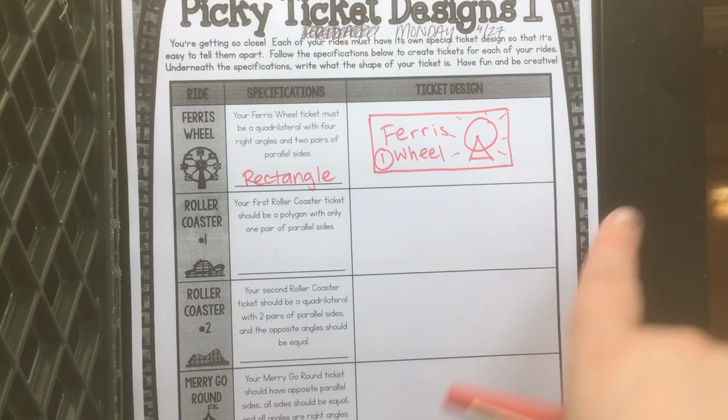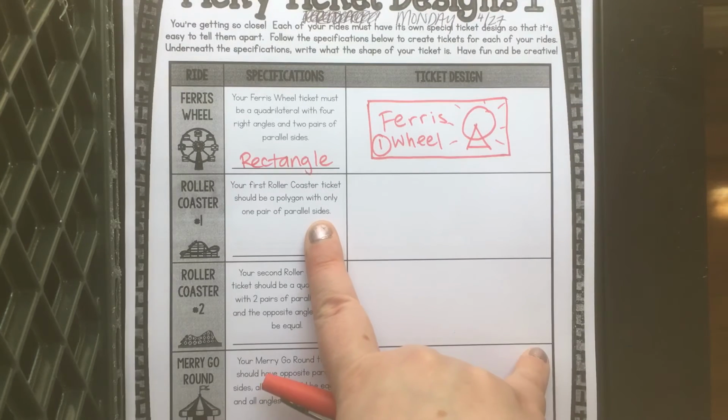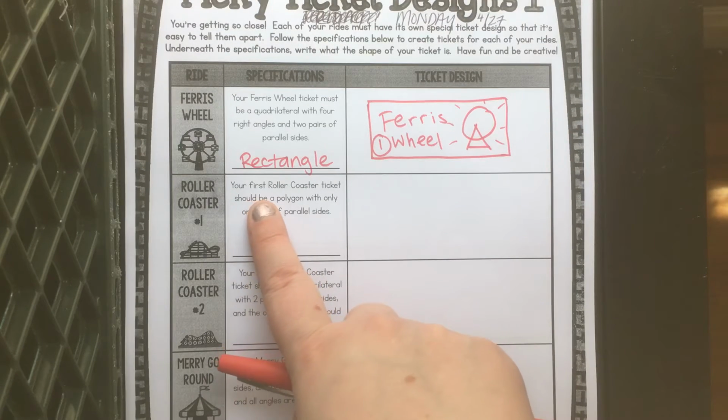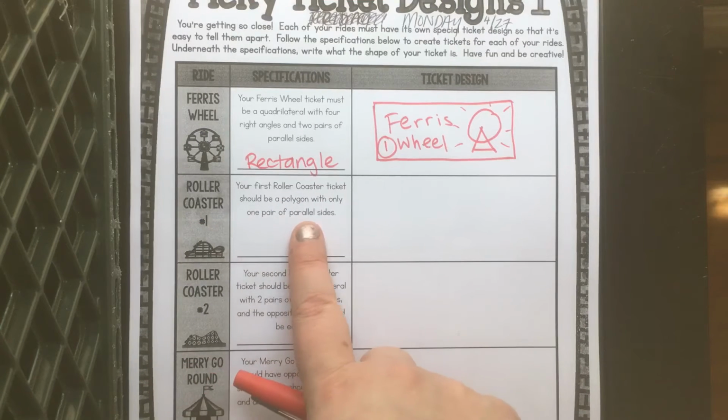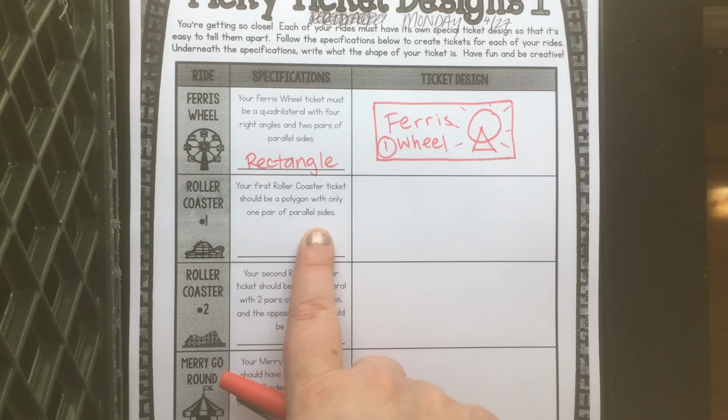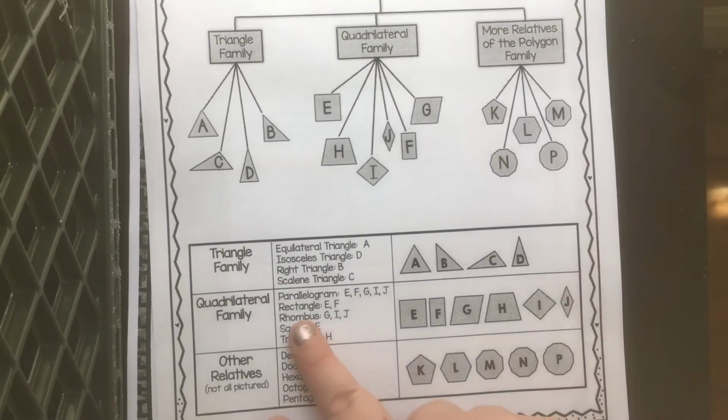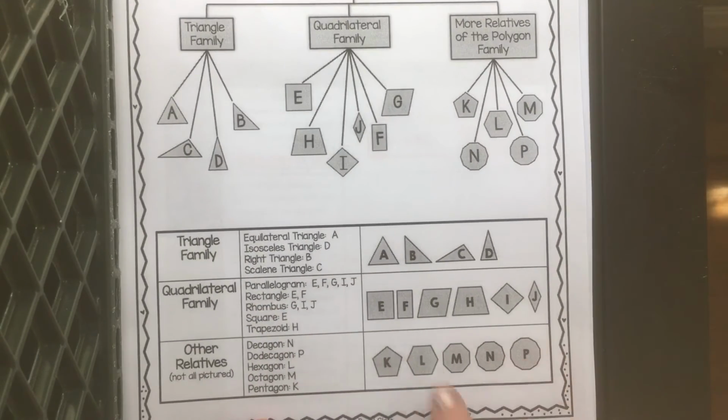Okay, we're designing tickets. So the next one says, your first roller coaster ticket, that's this one, should be a polygon with only one pair of parallel sides. One pair of parallel sides, all right? So we come back over to our quadrilaterals and we find which one of these quadrilaterals has only one set of parallel lines.